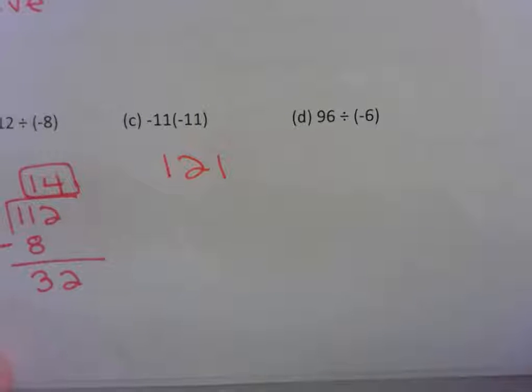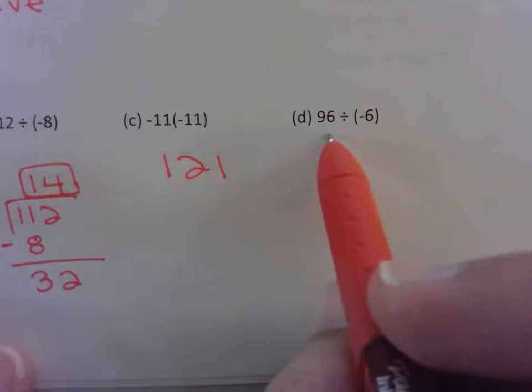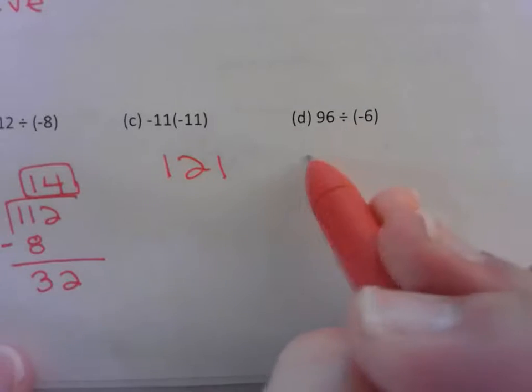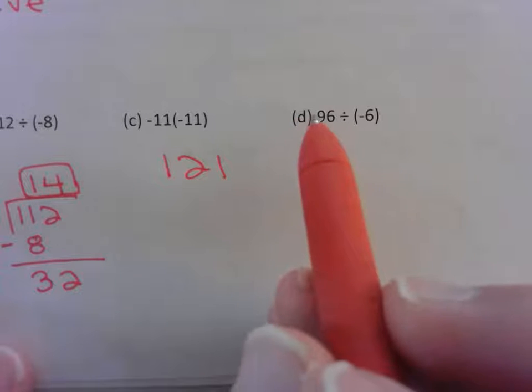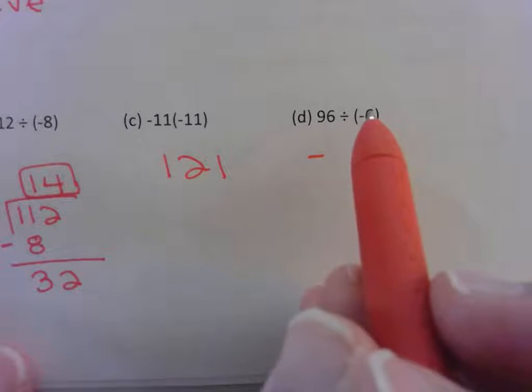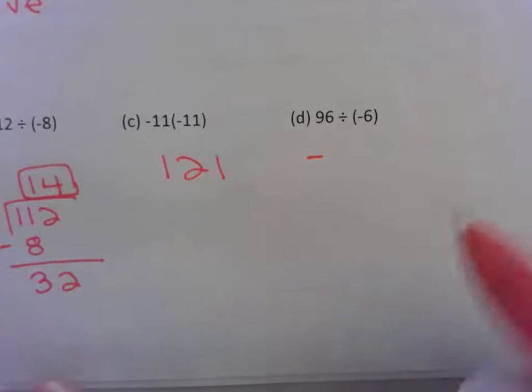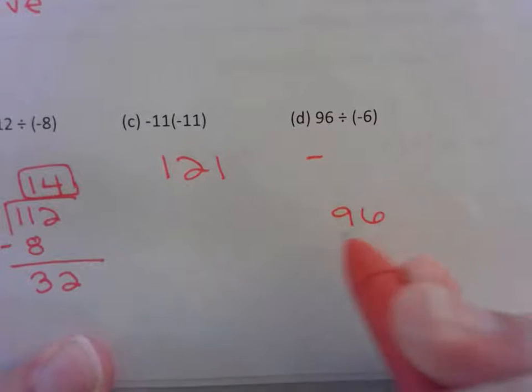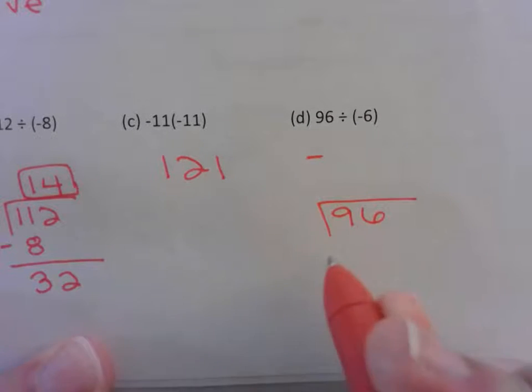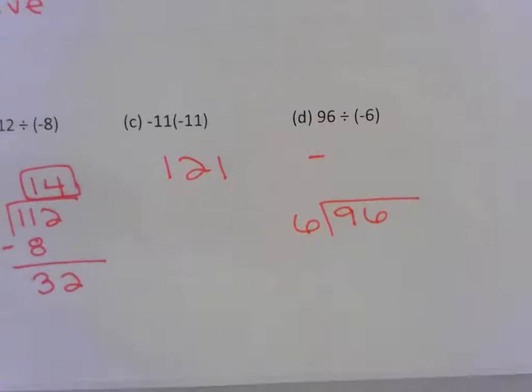And then the last one, 96 divided by a negative 6. First of all, my answer is going to be what? Negative, because there's two different signs, positive and a negative. My answer will be a negative. So if I do long division again, I don't have to worry about the sign necessarily, because just by looking at it, I know my answer is negative.